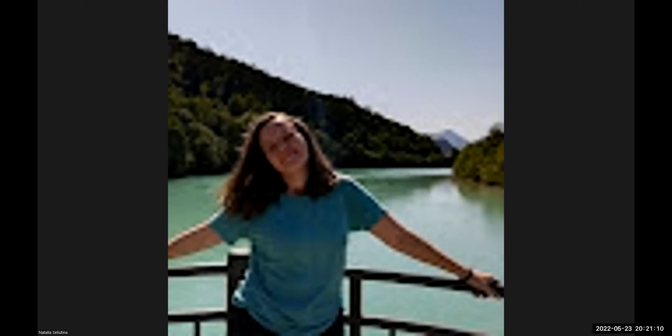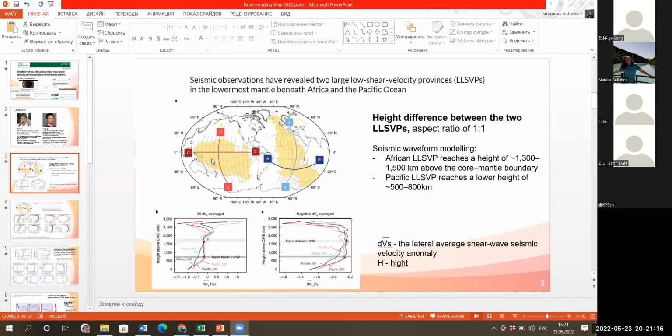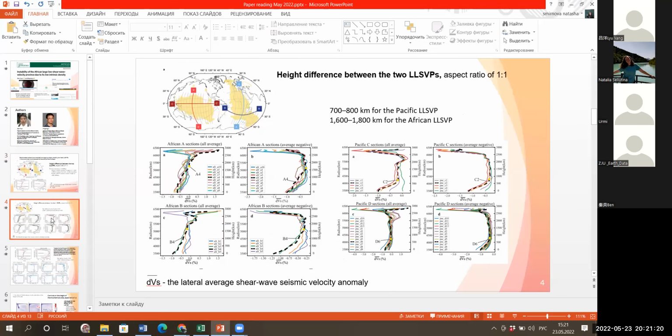Can you see it now? The different slide? Yes, now. Okay, then I will read like that.